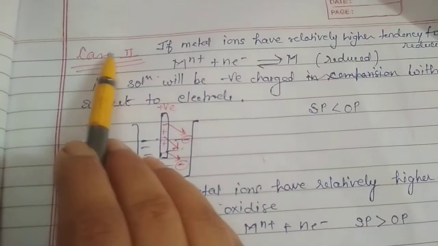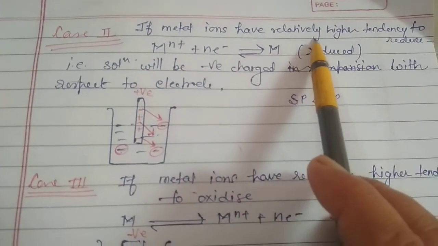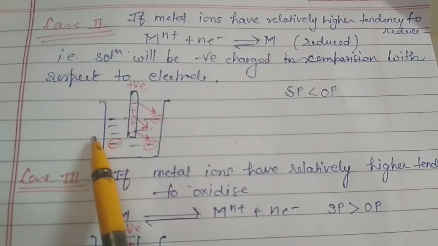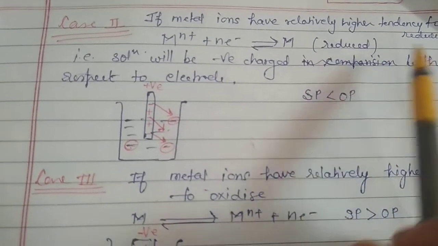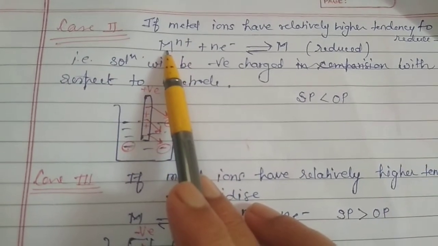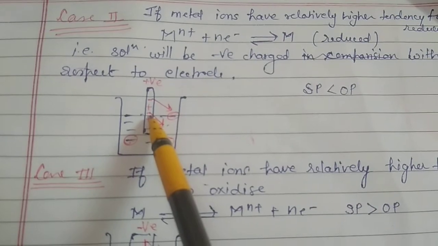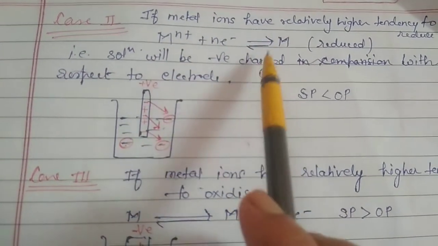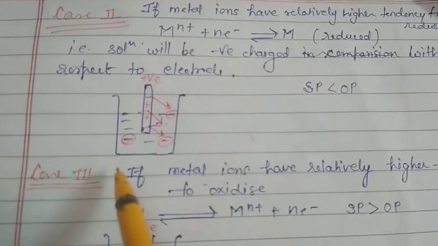If metal ions have a relatively higher tendency to get reduced, it means that the metal ion from the solution moves towards the rod, gains electrons, and is converted into metal, which means they get reduced.